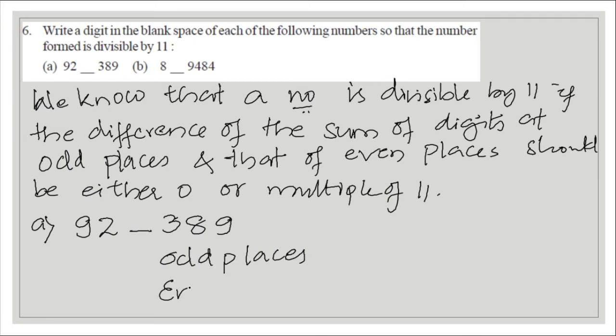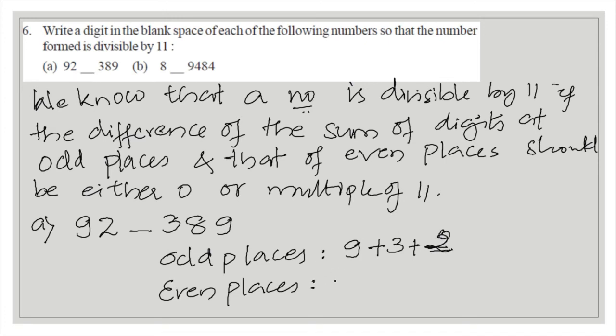Then I'll consider the even places. Here the odd places is 9 plus 3 plus 2.